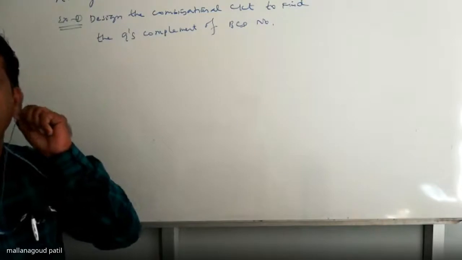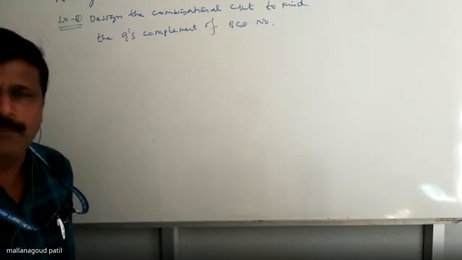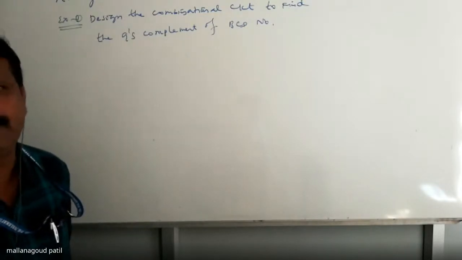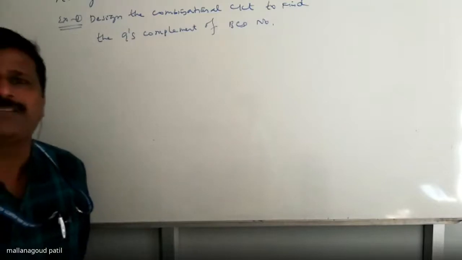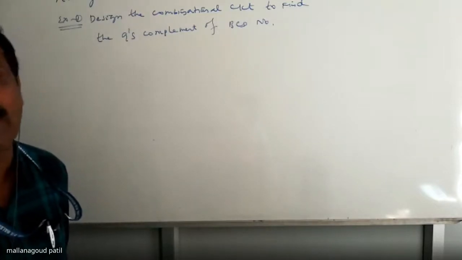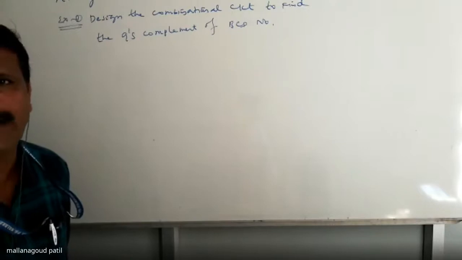Next, similarly the 9's complement. The 9's complement is taken for a single digit, and the value is matched with 9, not more than that.